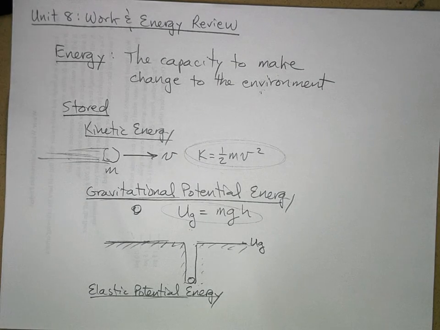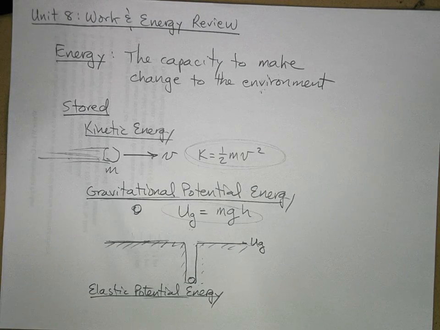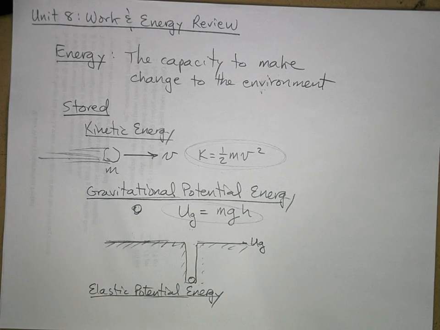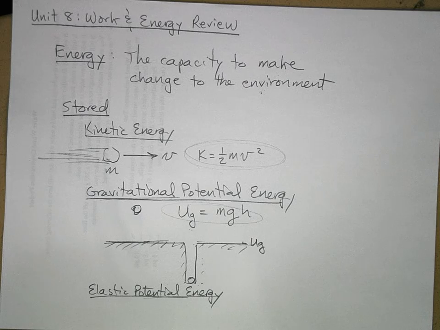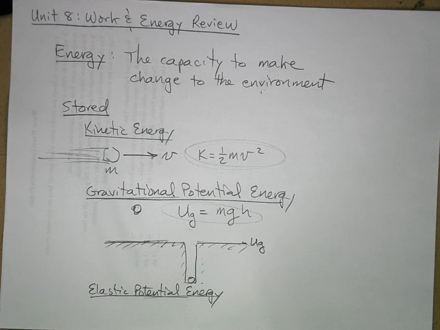You've stored energy in that spring. That spring can now affect change to its environment, right? You let go of the spring and shoo, you have a spring-loaded pellet gun. You pull the spring back, lock it, there's potential energy there. You put a little pellet in there, release the spring, boom. That spring will do work on the pellet, give it kinetic energy and so on, but it can affect change.